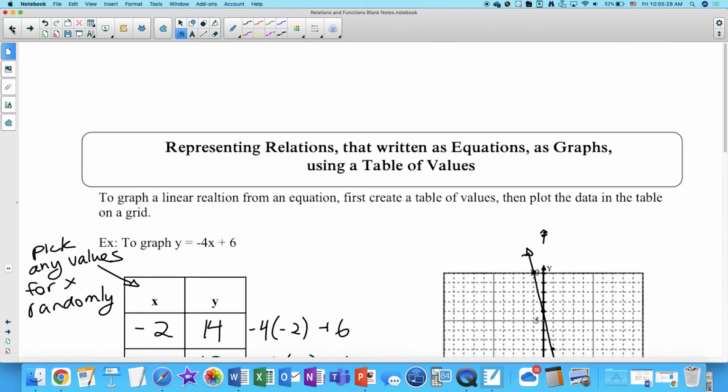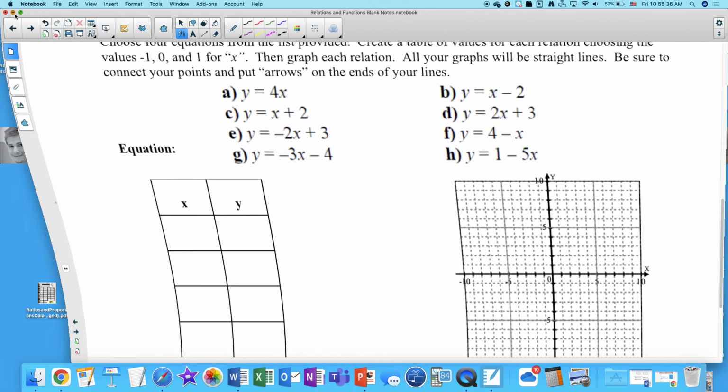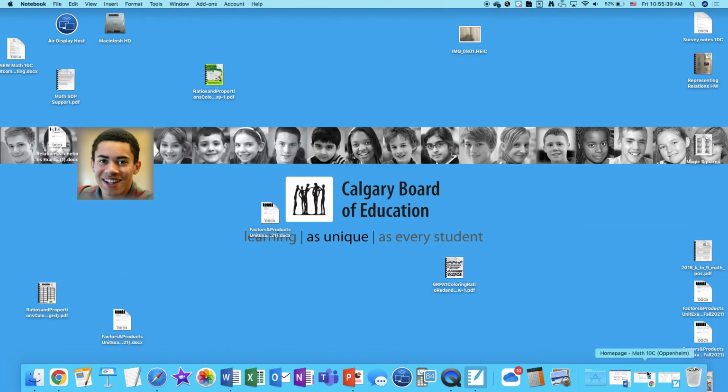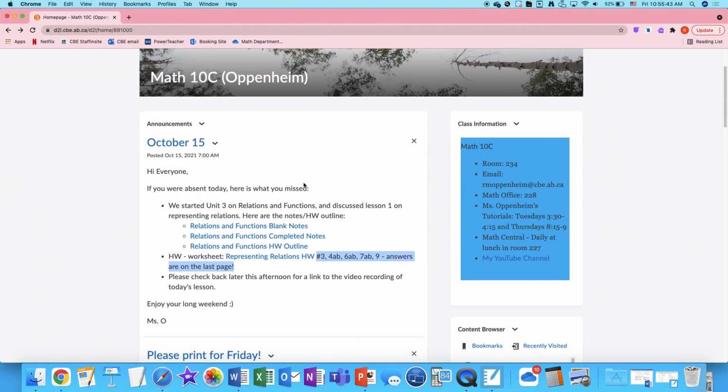The other thing is, when you're done that, you can start working on your homework. The homework today is not in the textbook. It's actually in the other grade 10 textbook because I just think that one does this section better. So on D2L, I took a picture of what I want you to do, and I've linked to it in my announcement for today. It's right here.